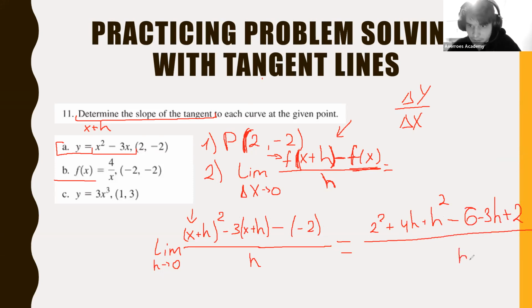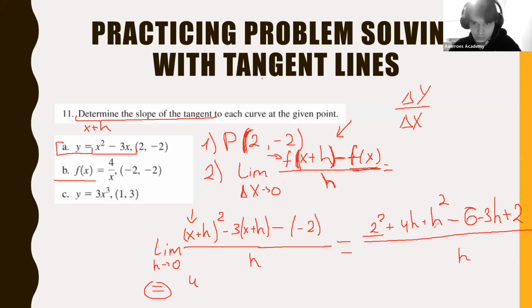And we divide it by h. Let's simplify it. 4 plus 4h. Let's group it up right away. I would say, look, let's look at the terms without h first. That's how I solve it for convenience.